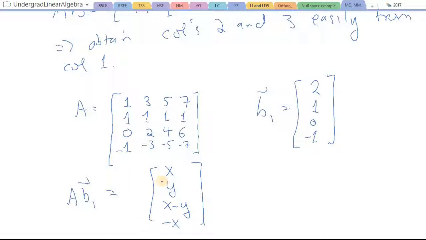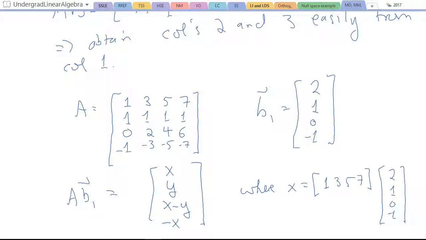So now all I have to do is compute X and Y. So where X is going to be equal to what? X is equal to the first row times this column. So X is equal to 1, 3, 5, 7 times 2, 1, 0, minus 1. Now what about Y?